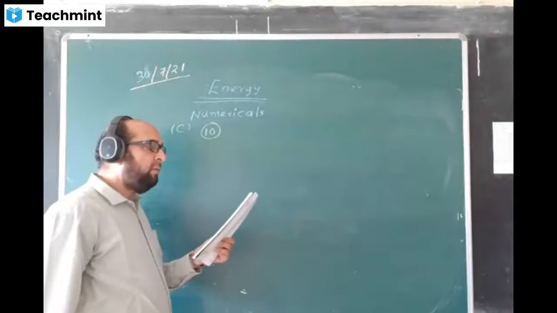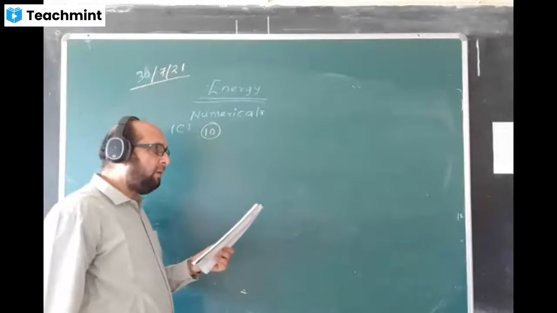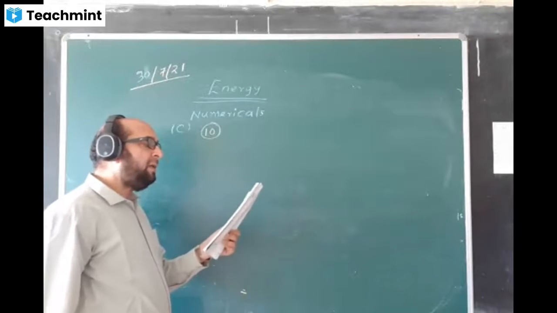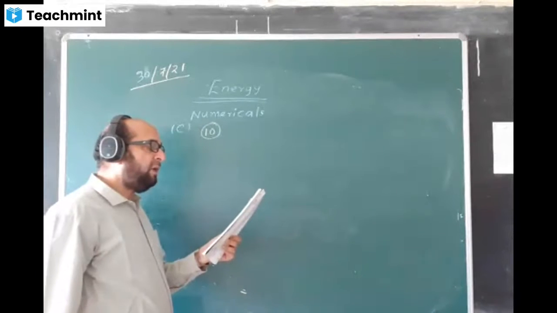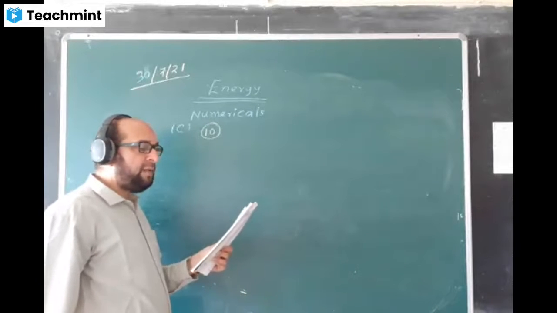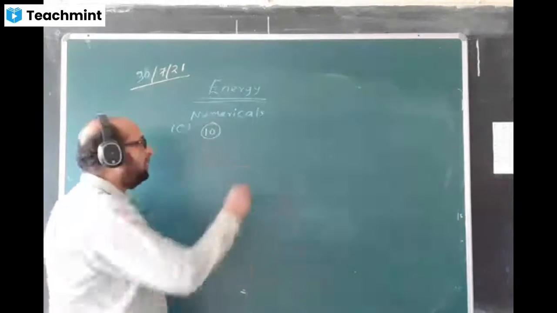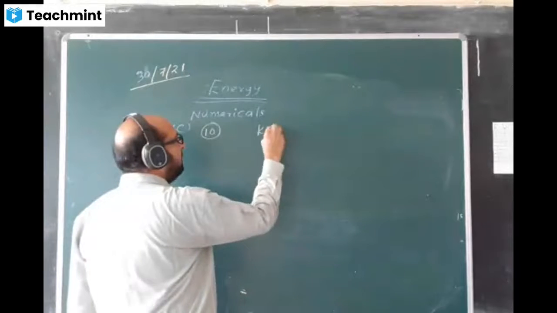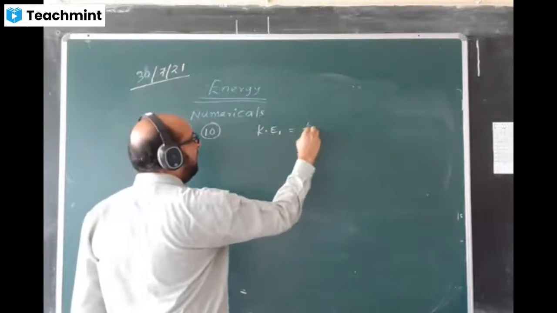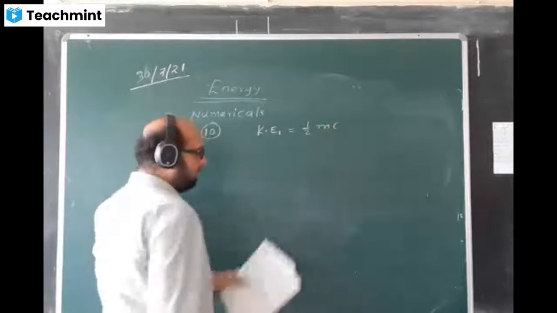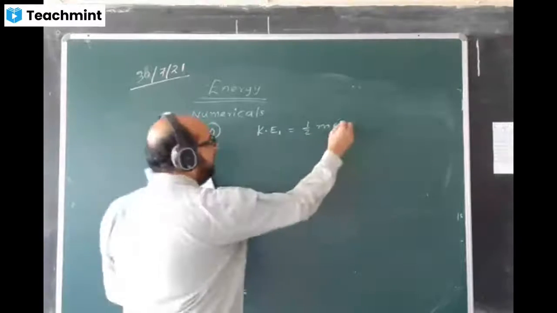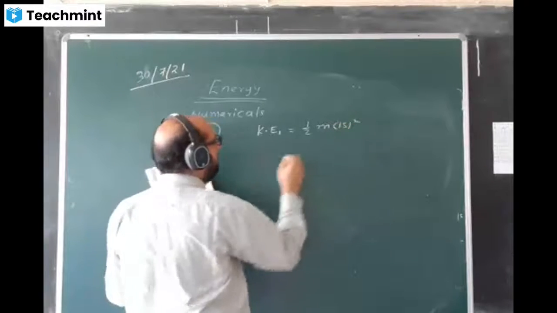Okay. A car is moving with a speed of 15 km per hour, and another identical car is moving with a speed of 30 km per hour. Compare their kinetic energy. So first case, kinetic energy number 1, compare with some kind of ratio, right? Half m v square. First case the value of v is given 15, write down 15 square.